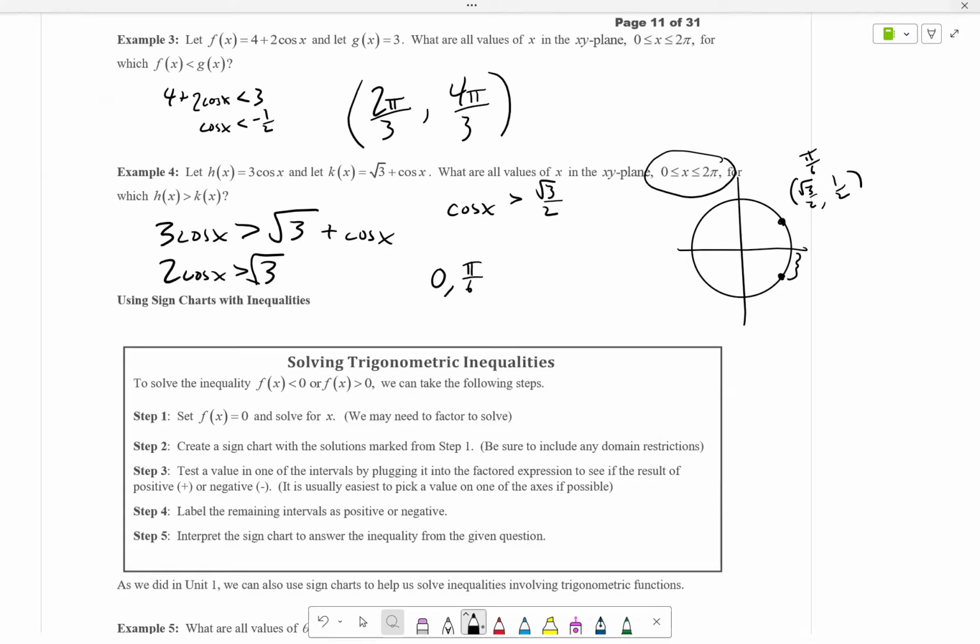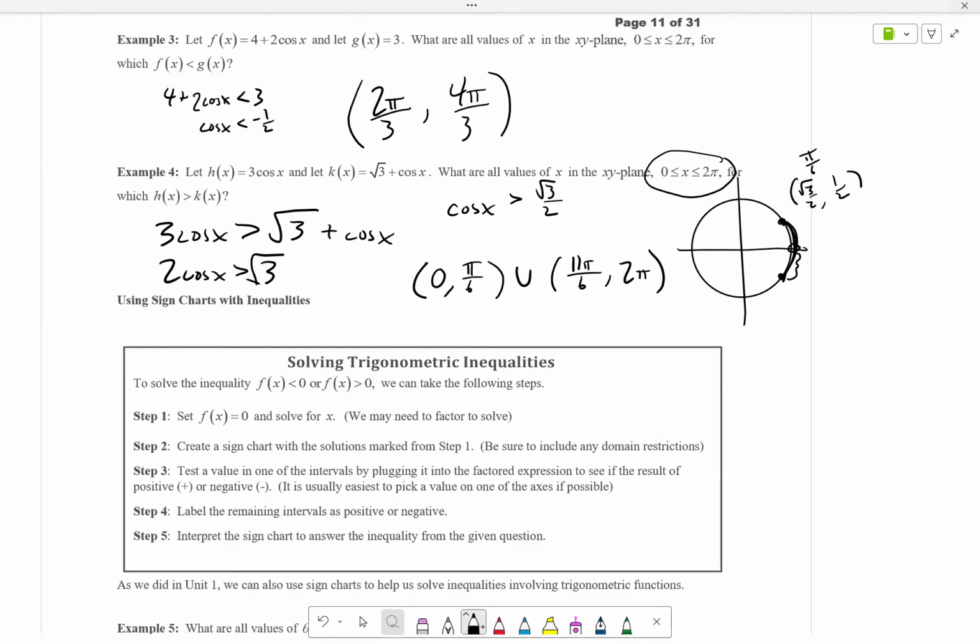Exclusive, right? Well, we're looking for when h of x is greater than k of x, not greater than or equal to. So it would be exclusive, and 11 pi over 6 to 2 pi? Yeah. So that gives us all of this, doesn't it? Except, of course, right here.